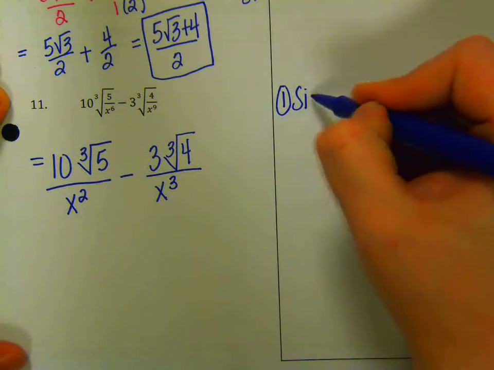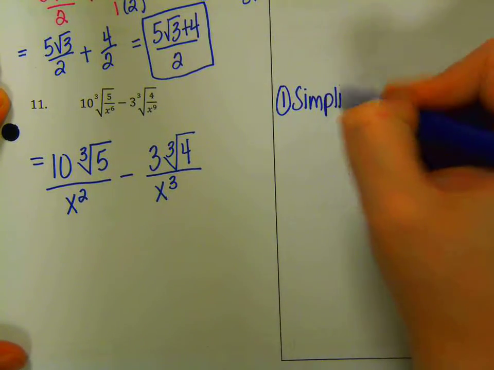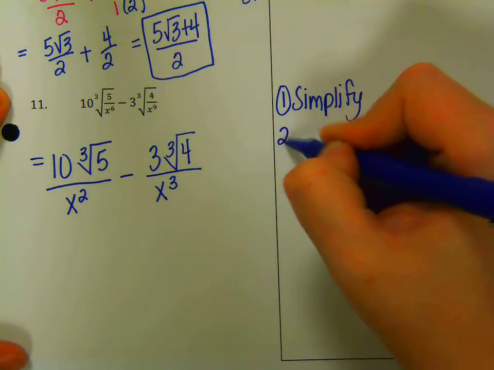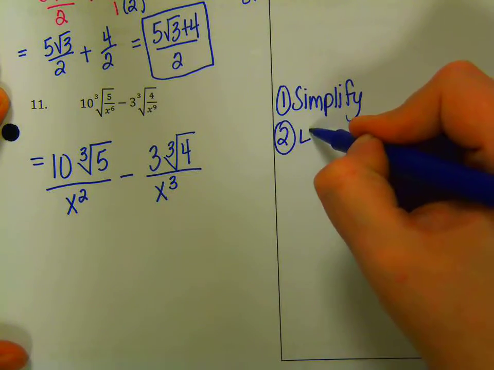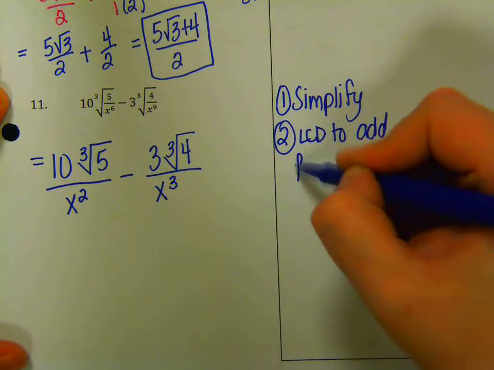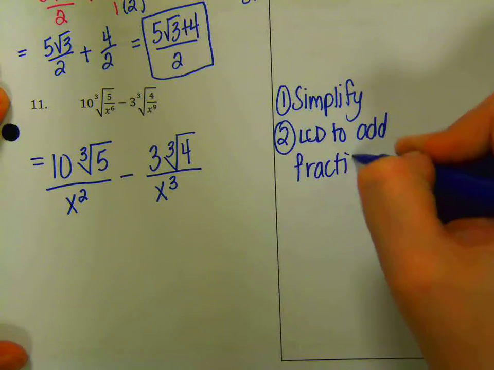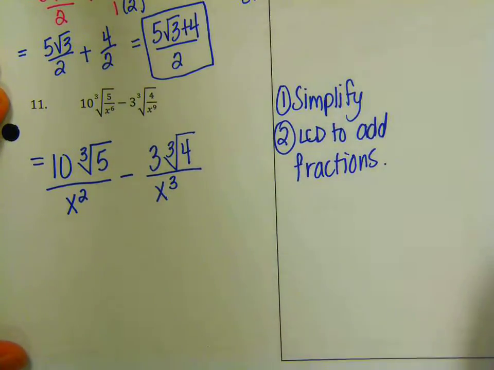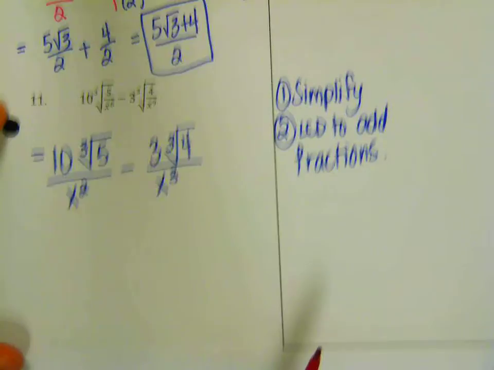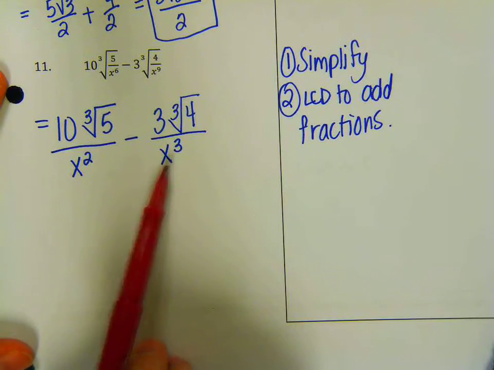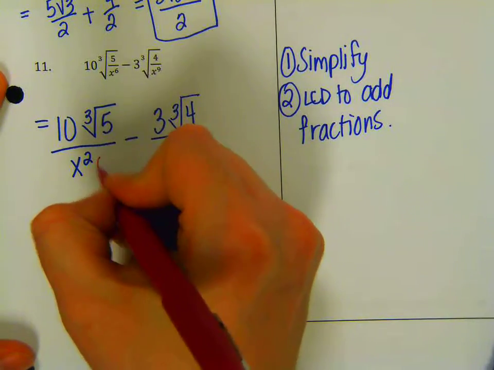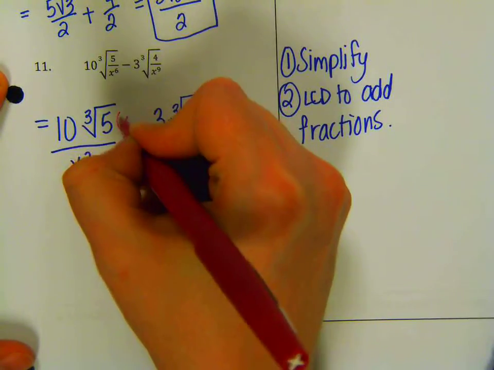So simplify. There's not really any multiplication happening here. So I need to find LCD, add fractions. LCD in this case, I have an x squared and an x cubed. This one's missing an x. So I'm multiplying by x here, multiplying by x here.